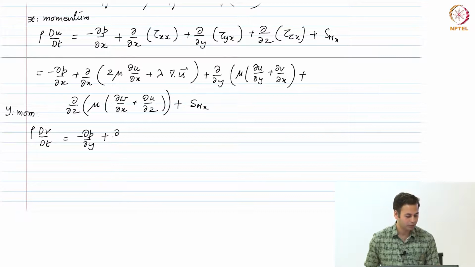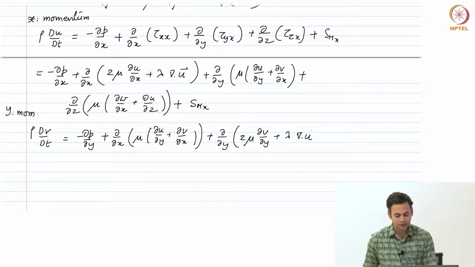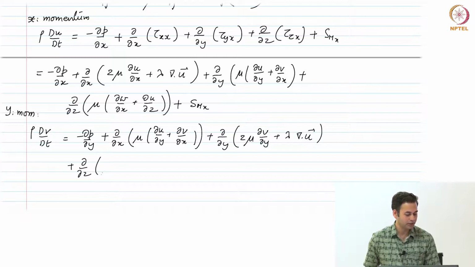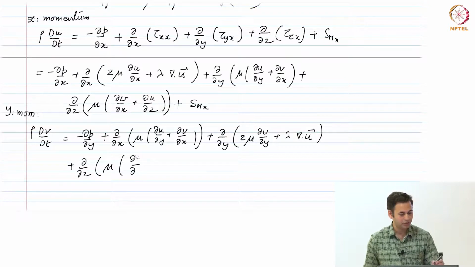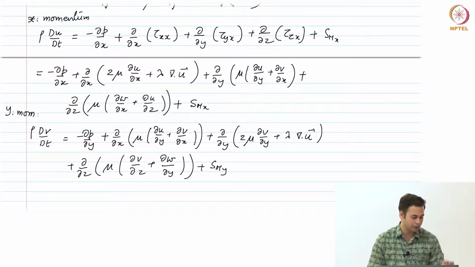That would be partial x of tau xy, so mu times partial u partial y plus partial v partial x, plus partial y of tau yy, which is 2 mu partial v partial y plus lambda times del dot u bar, plus partial z of tau zy, so mu times partial v partial z plus partial w partial y, plus S_my. I will not write down the rho dw dt, which you can complete later.